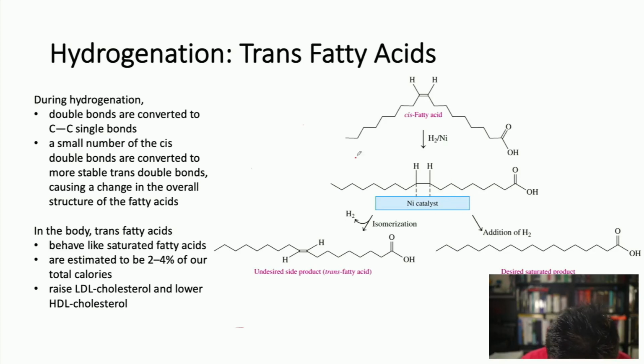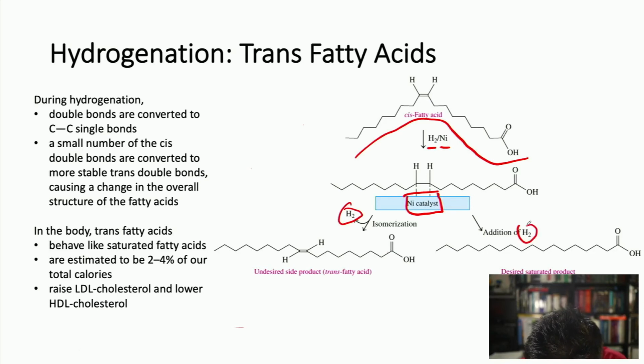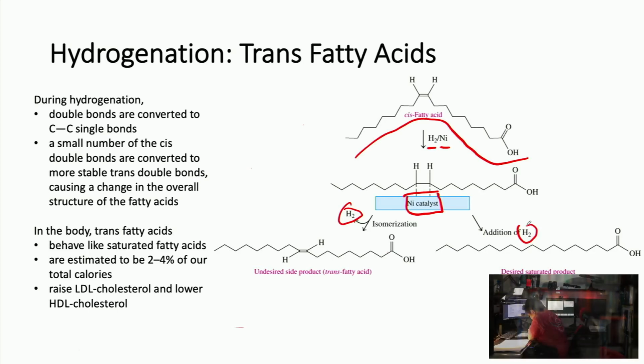So we have our cis fatty acid here. And what happens is that in the presence of hydrogen gas and nickel, the nickel will actually position itself over here to stabilize these two carbons. And when it stabilizes those two carbons, and you add in the hydrogen gas, one of two things can happen.